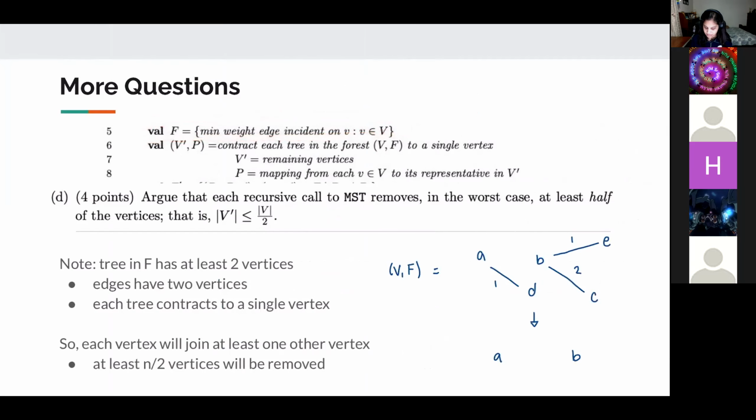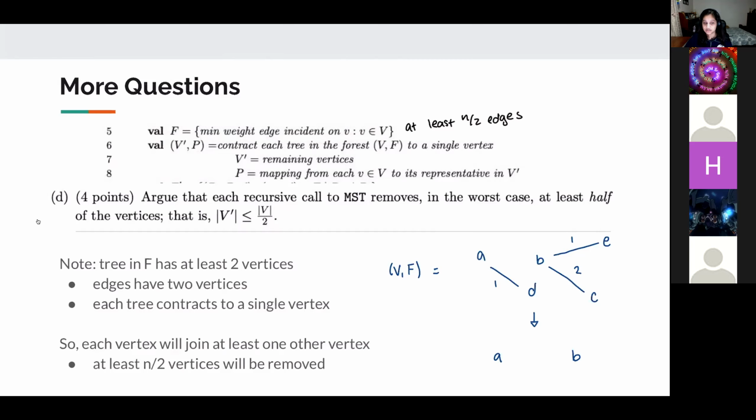And then the reason it divides in half, another way of saying this is that you're going to have n minus 1 edges. You're going to have at least n over 2 edges in F, and then we're going to contract each edge.